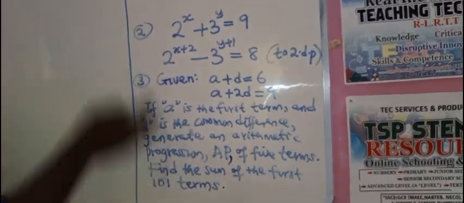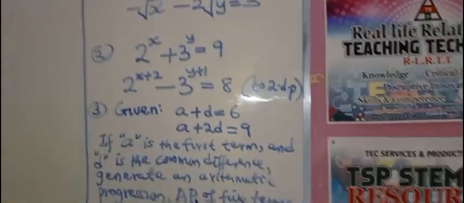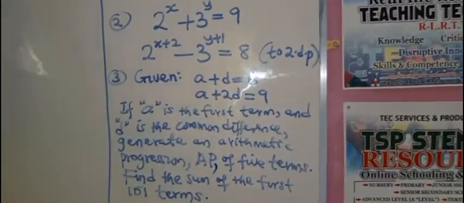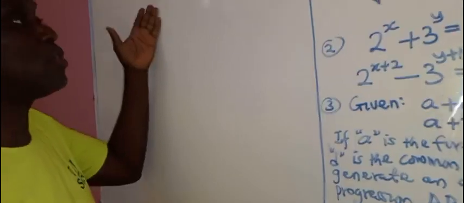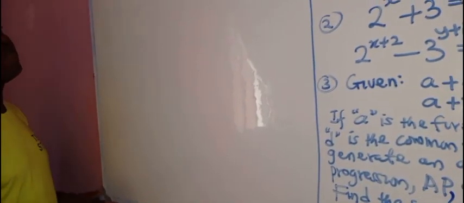You can use the method to solve some problems that have to do with surds, indices, and sequence. This is arithmetic progression. So you should be able to apply this method and any other method used for solving simultaneous equation to solve all this as well.